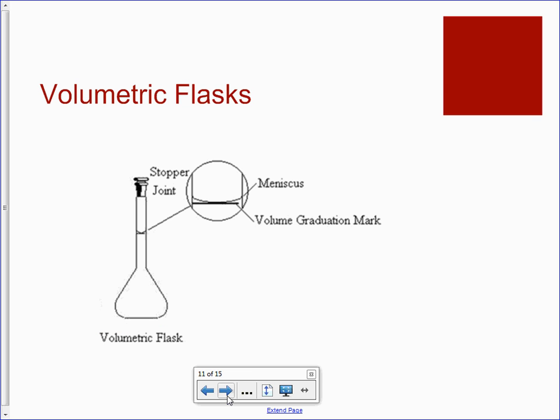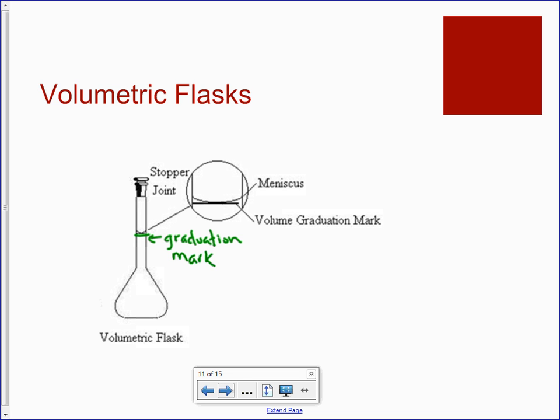So looking at that more precisely, if we have our volumetric flask here we have our graduation mark. If we zoom in on that a bit more, the meniscus is that curved part of the fluid in that narrow neck.